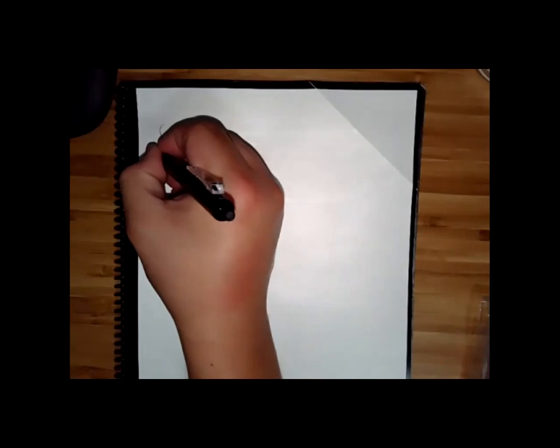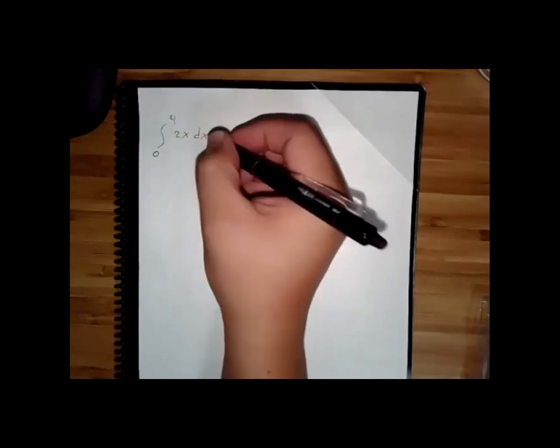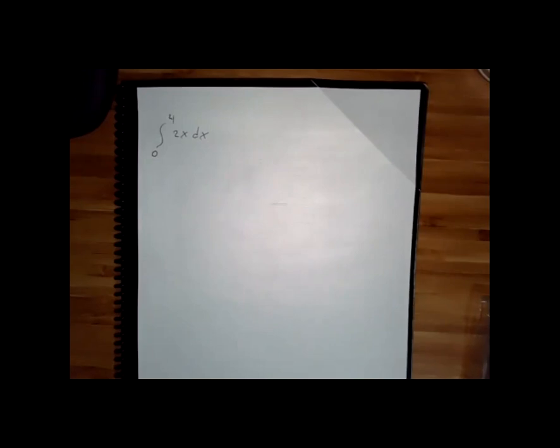Okay, let's do the same question with bounds. I'm going from 0 to 4 because remember these functions represent some sort of area. Now that I have bounds on it, it's going to give me an area, not just the antiderivative.